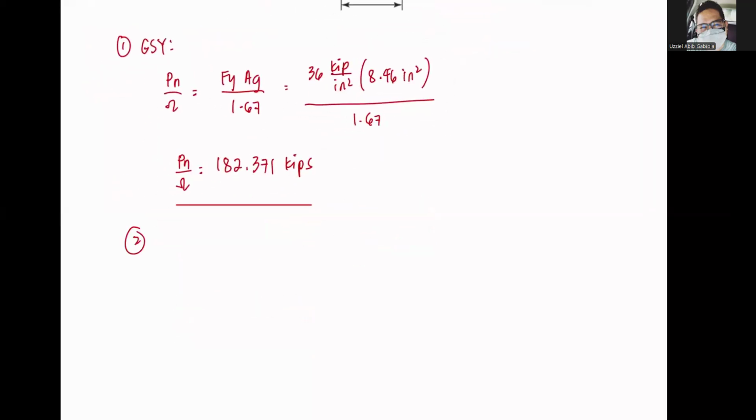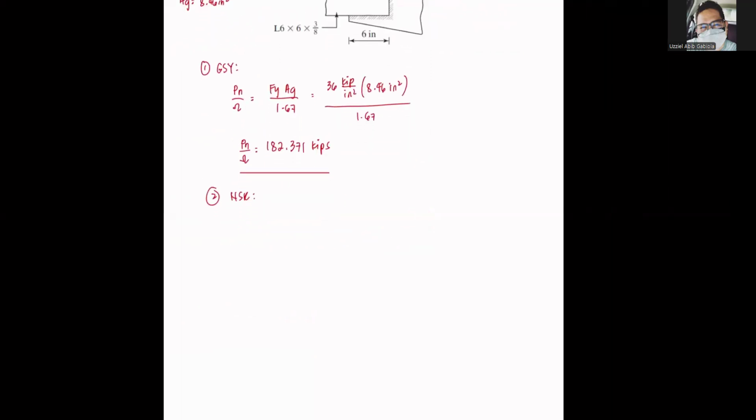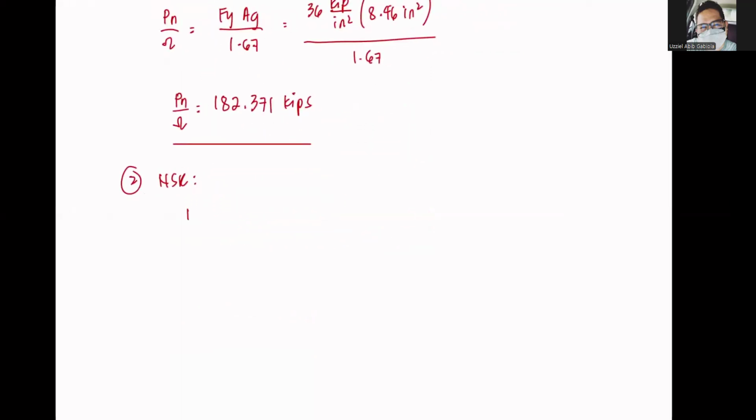Next, we have net section rupture. For net section rupture, Pn over omega is Fu Ae all over 2.0, rather.